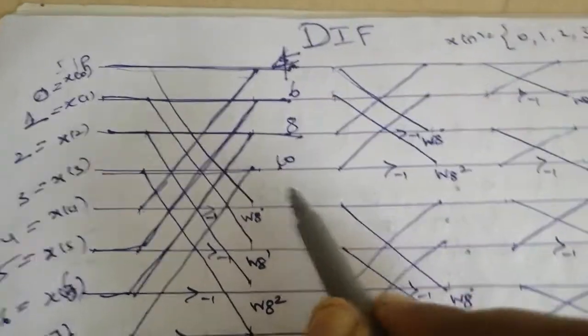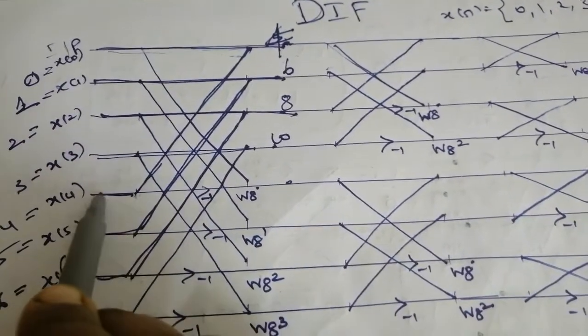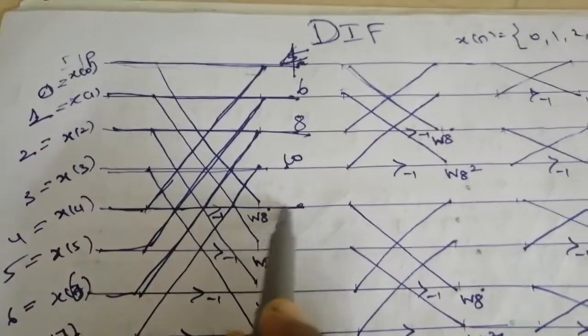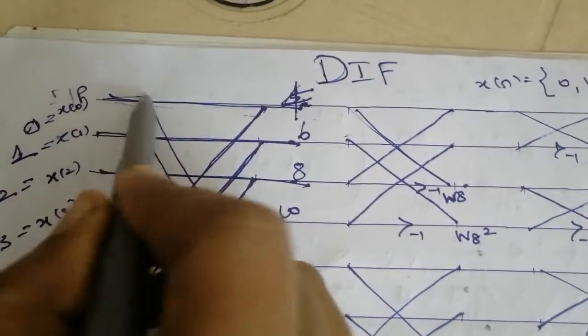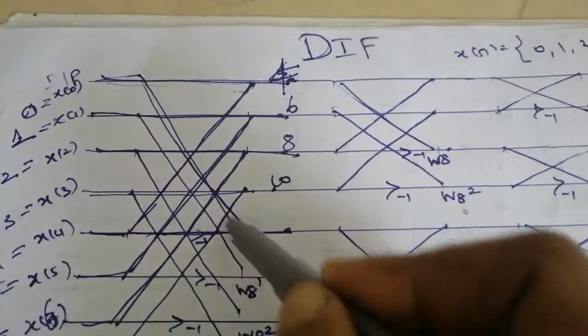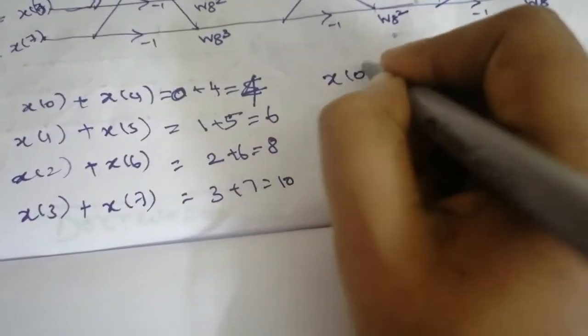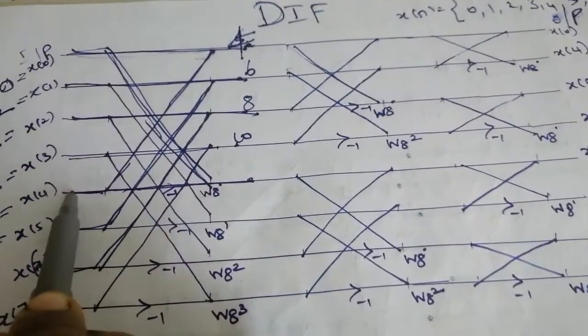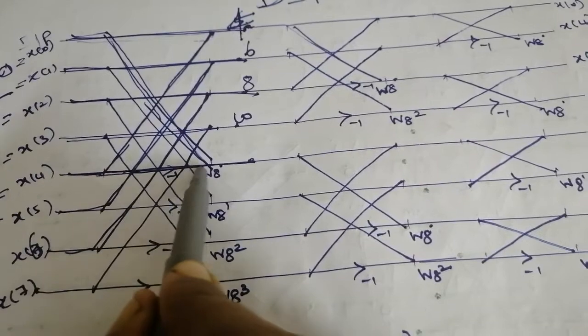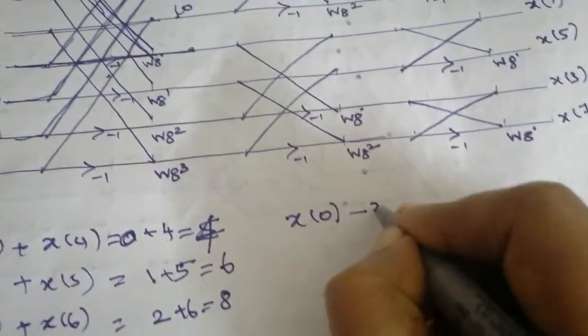So let's see. For finding this point, we are going to add x of 0 value with x of 4. x of 4 is multiplied by minus. So we use the minus sign with x of 4.